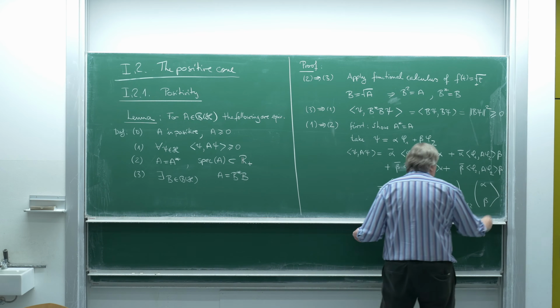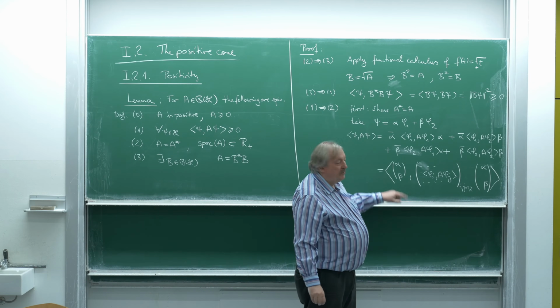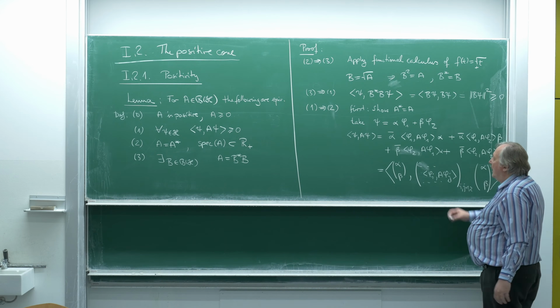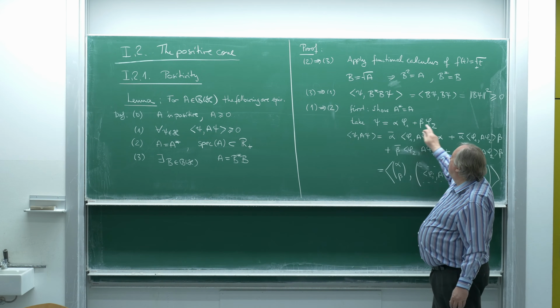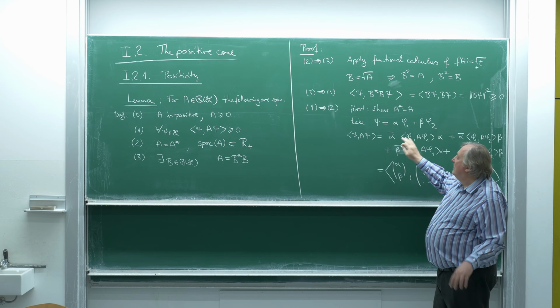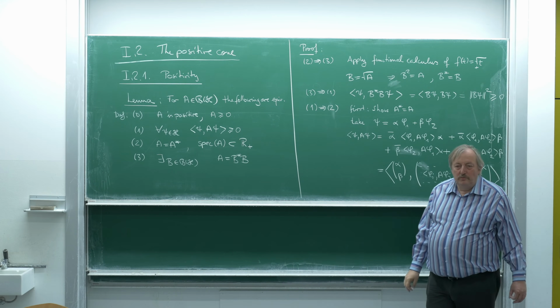We take again the vector alpha beta in C2 and take the scalar product with that. So actually, by basically choosing a basis consisting of phi 1 and phi 2, if you wish, I turn this into a statement about 2 by 2 matrices.